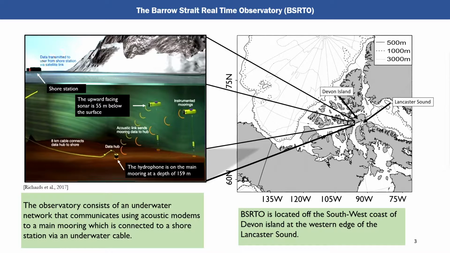It consists of a network of underwater moorings that communicate using acoustic modems. These underwater moorings will communicate all their data to an underwater data hub, which is connected to a shore station via an 8-kilometer cable, and then all the data is transmitted to a server at BIO using satellite.